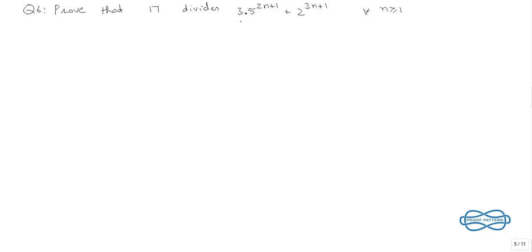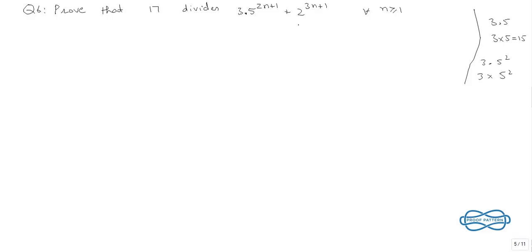We will not deal with non-integers in number theory. Whenever there will be written like 3.5, it means actually 3 multiplied by 5, and that will be 15. Or 3.5 to the power 2 means 3 multiplied by 5 squared.